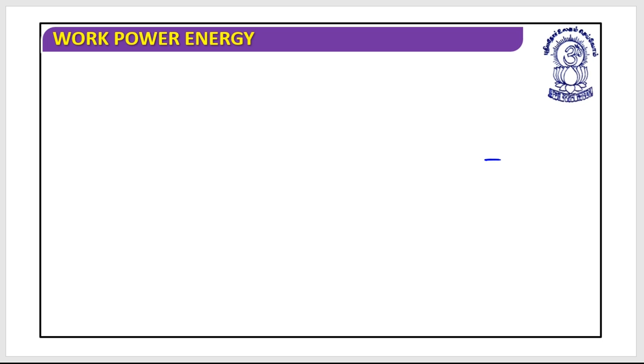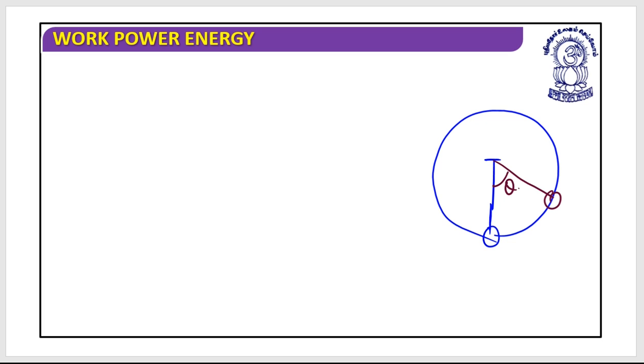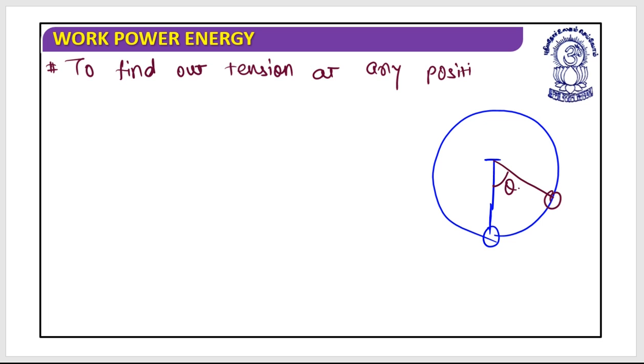Next the situation would be, let me draw this and then we will discuss this. If this is the location theta, this is T. So to find out tension at any position P, what do you need to do?